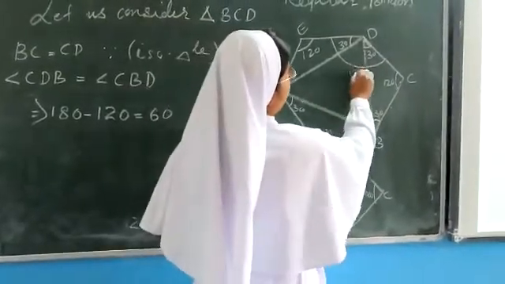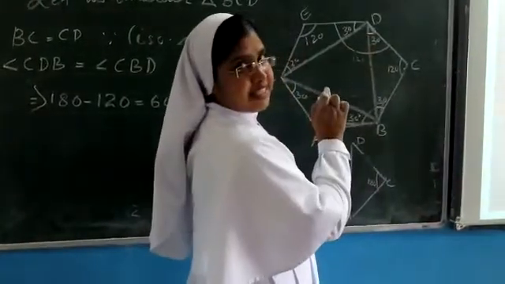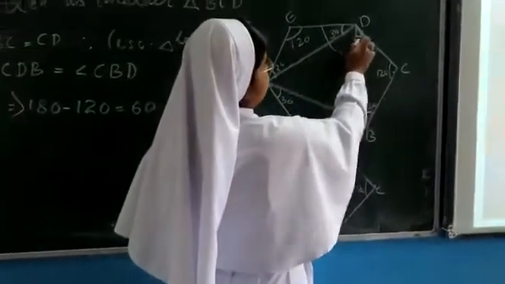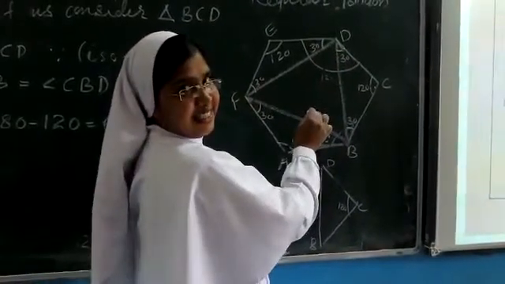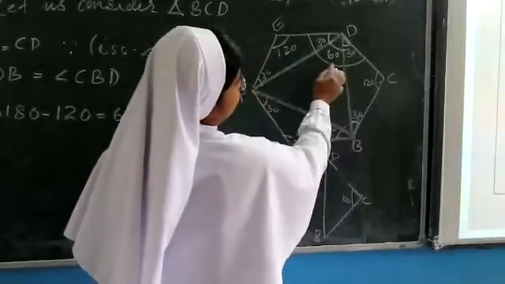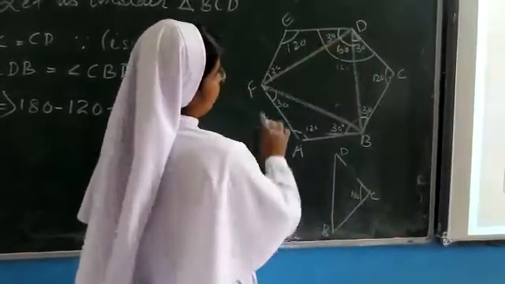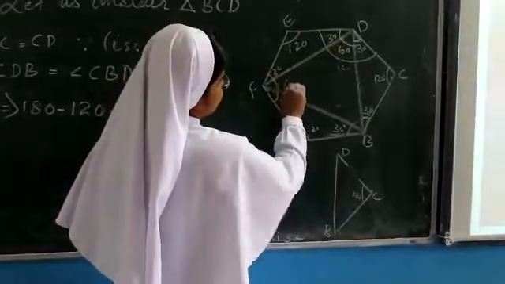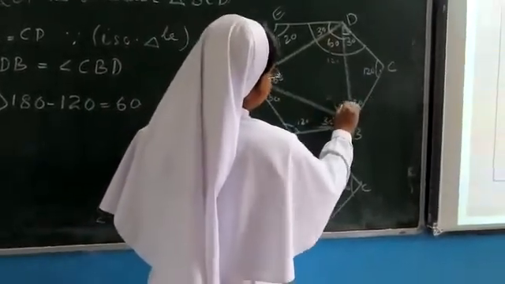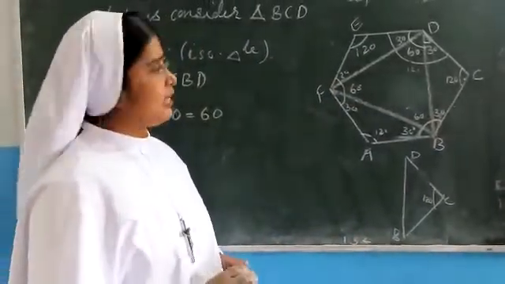Total is 120 and we got here 30 and 30. 30 plus 30, 60. So what will be this angle? 60, right? So add together you will get 30 plus 60, 90, 90 plus 30 is 120. So here also it will be 60. This also 60. So all sides you will get 60 each.